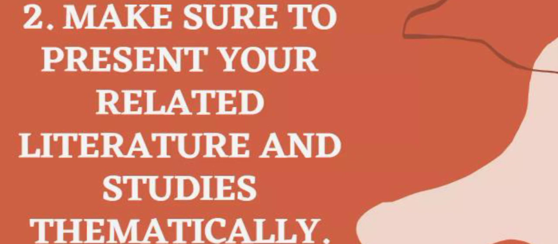It can be 4, 3, or 5, depending on how many you will be able to include. Pwede po yan. So, at least 3 or 4 related literatures or studies sa bawat theme. So, kaya nga, thematically, may theme ka, tapos ilalagay mo doon, whether foreign or local, related literature or studies, as long as it belongs to the theme.